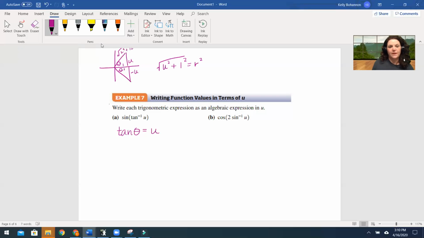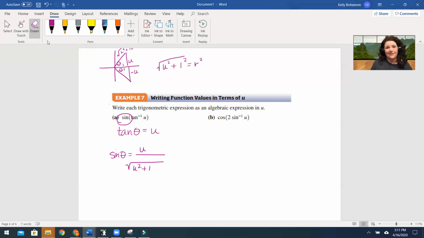All right, which means that if I'm going to go to sine of theta, my sine is y over r. So sine of theta would end up being u, that's my y value, over the square root of u squared plus 1. I guess I don't have to write 1 squared because 1 squared is 1.